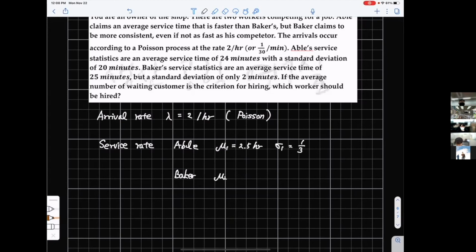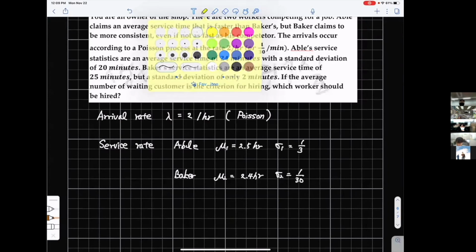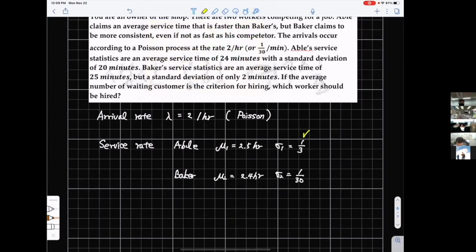And Baker's service rate is 2.4 per hour, and the standard deviation is 1/30. Because this is coming from 20 minutes, and this is coming from 2 minutes.